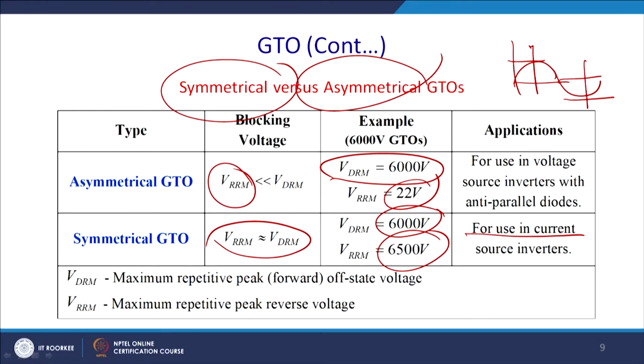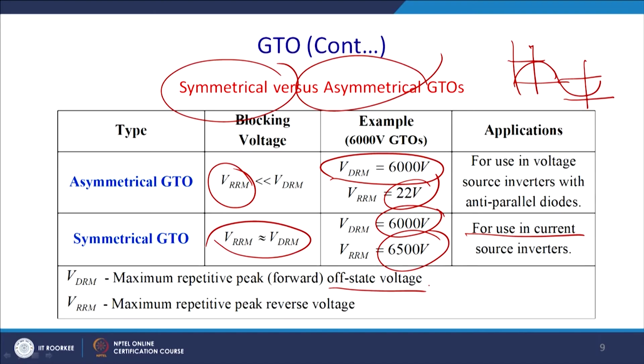Of course, we have discussed in a graph in a previous class, students are requested to see my previous class where I discussed different terminology while discussing thyristors. VDRM is the maximum repetitive peak forward off-state voltage and maximum repetitive peak reverse voltage.